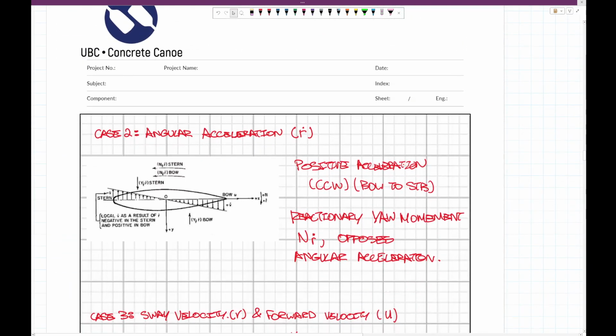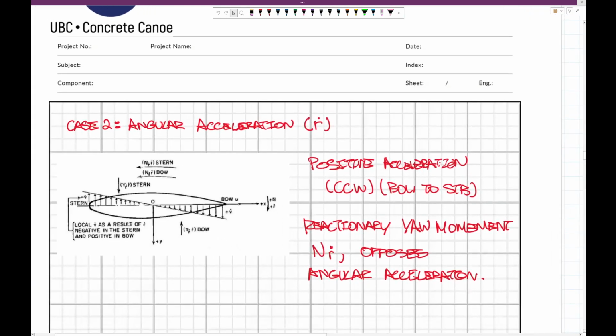The next case is your angular acceleration. Kind of similar to the transverse acceleration, the angular acceleration is going to be opposed by a reactionary yaw moment. I guess this wasn't in the first slide, but the actual notation of positive is this: from the bow to starboard is the positive direction of rotation.